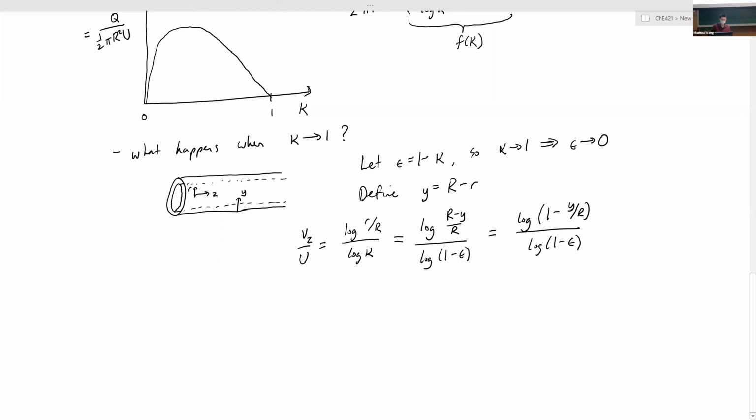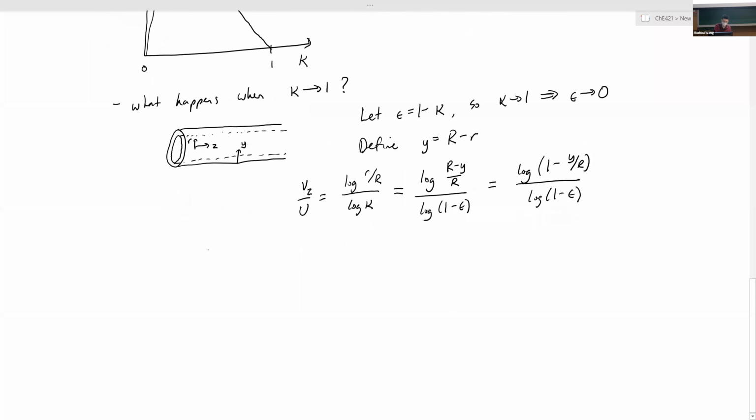And now we can use a Taylor series to actually simplify this a little bit. Okay, the log of 1 minus x in a Taylor series can be approximated. That should be a 2, sorry. Can be approximated like this.